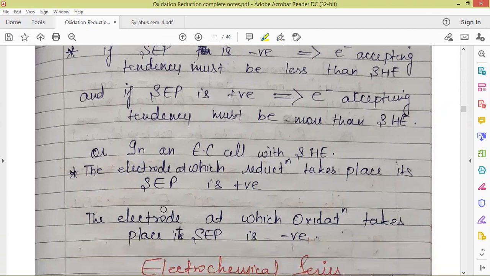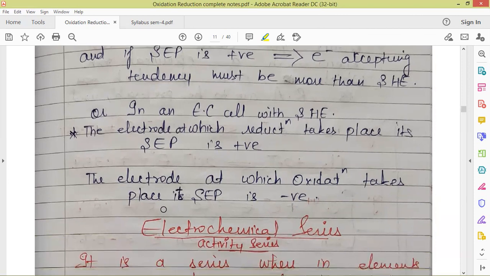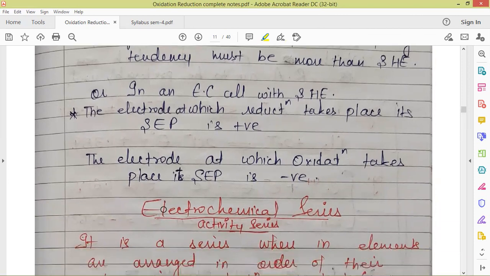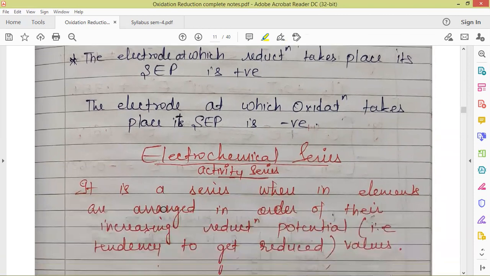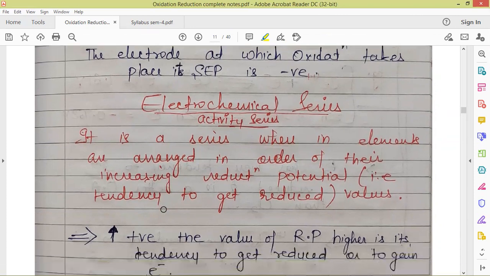So in an electrochemical cell with the standard hydrogen electrode, the electrode at which reduction takes place has a positive standard electrode potential, and the electrode at which oxidation takes place has a negative standard electrode potential. By calculating the standard electrode potential for different moieties, we have made the electrochemical series, which is also called the activity series.